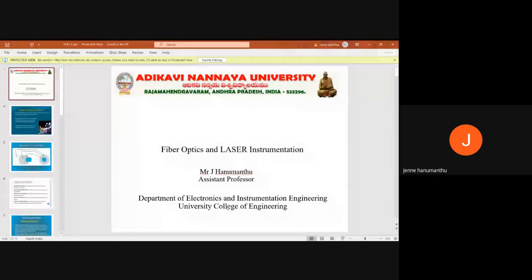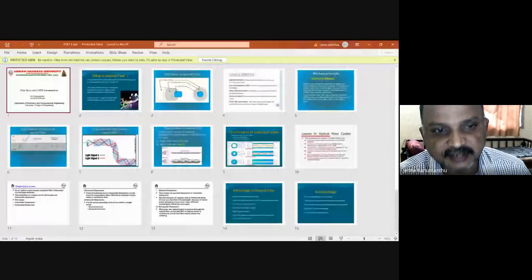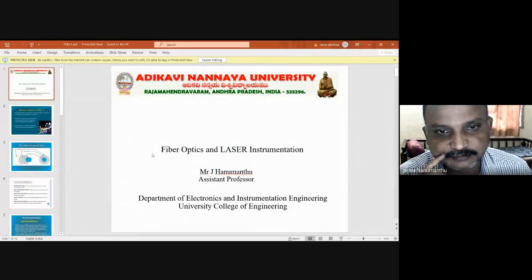Suppose some light is within the core and some light enters into the cladding, what happens? If light is within the core, it is fine. It is good. If light enters into the cladding, that is called loss. It is also called transmission loss.